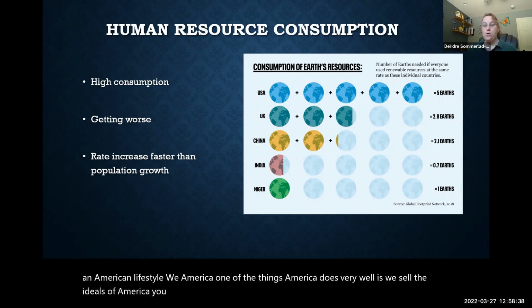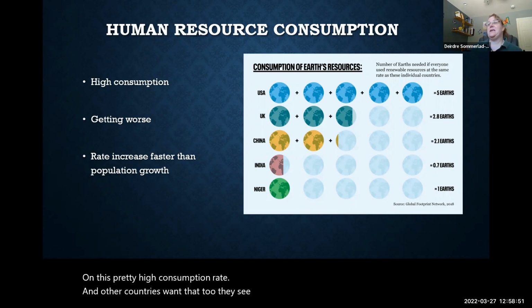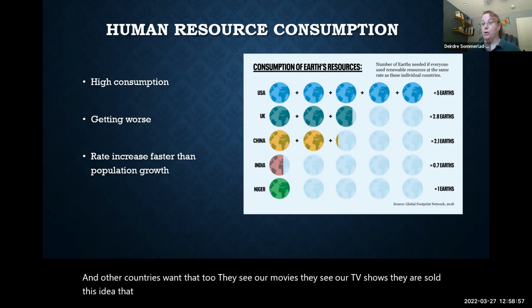A McDonald's on every corner, 2 to 3 cars in every garage, this pretty high consumption rate. And other countries want that too. They see our movies, they see our TV shows, they are sold this idea that this is what having it made looks like. And they wanted that as well. And that's increasing consumption globally.